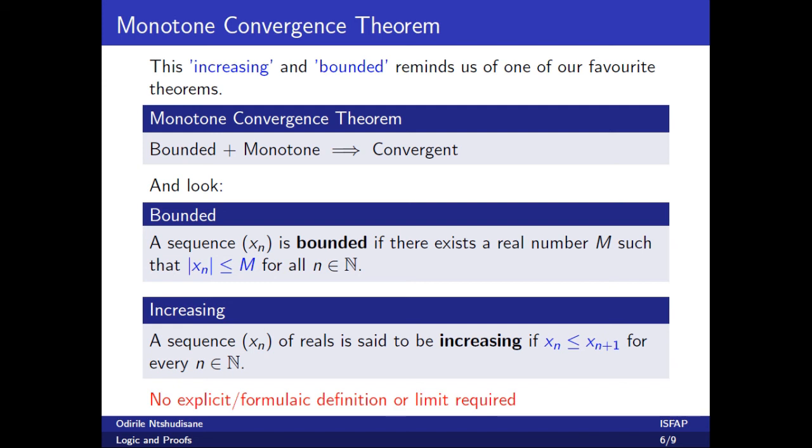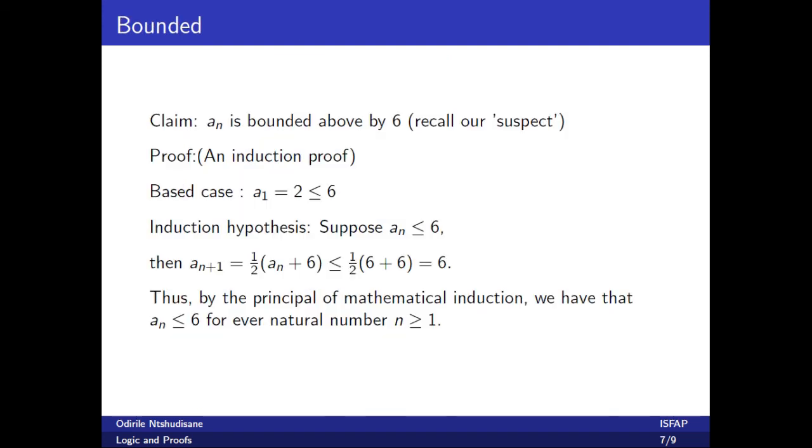Okay, and then go up a bit. Why did they suspect this was bounded above by 6? It's mainly because, in the first part of the solution, when they computed the first few terms, you notice we jump up from 2 to 4 to 5, and then 5.5.